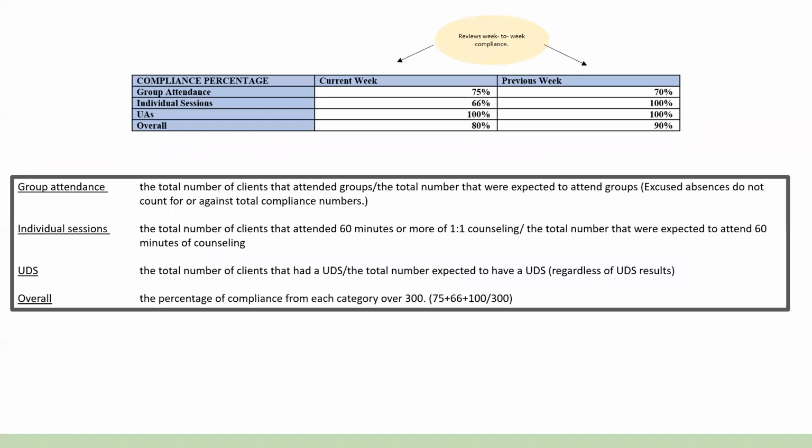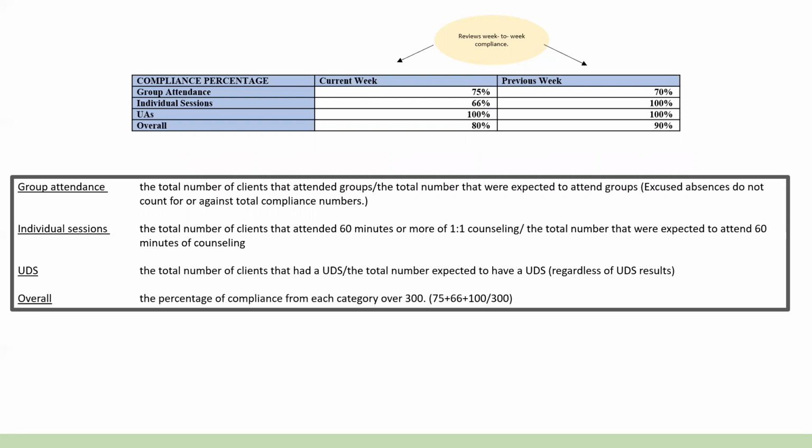The compliance percentages provide feedback to the Matrix team about where they are seeing success in implementing the different elements of the curriculum and where there is room for improvement. Group attendance measures the weekly attendance in all group activities against the expected attendance in all group activities. Individual session measures how many clients attended 60 minutes of individual counseling as opposed to how many were expected to attend 60 minutes of individual counseling.